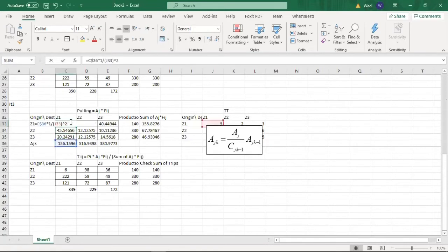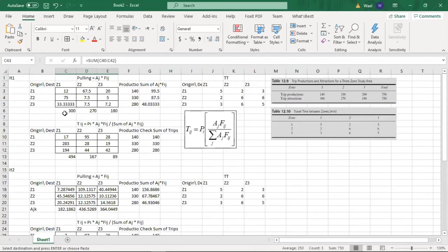So this should be this attraction divided by, so that's a new pulling force. And let's just copy it here. Okay. Now you see that we are starting to get close to the original values, which are here.